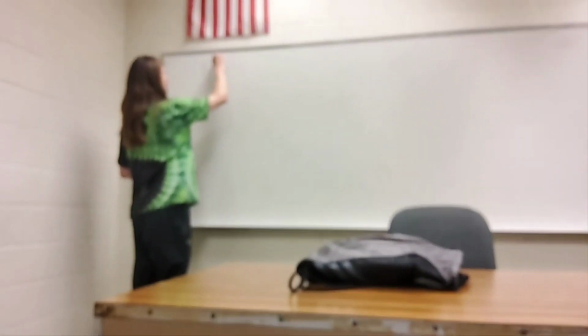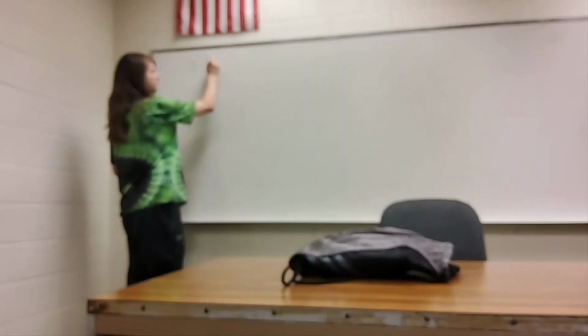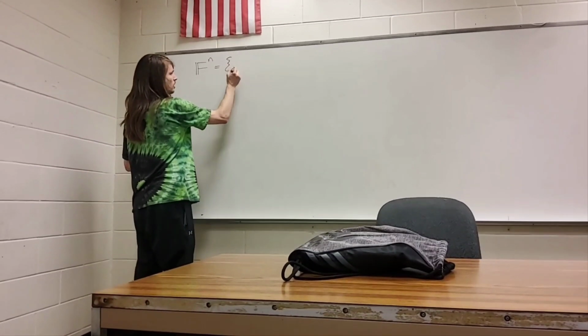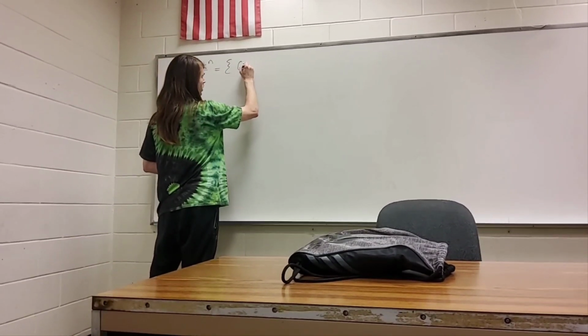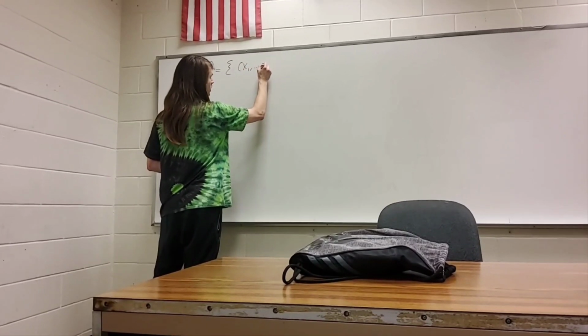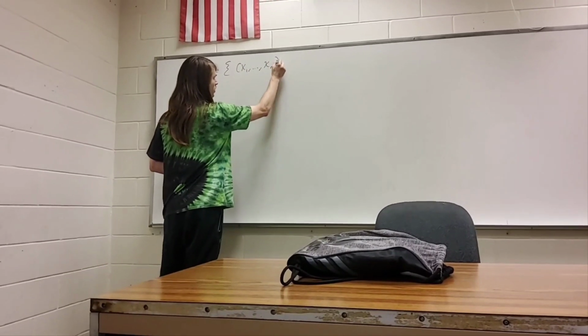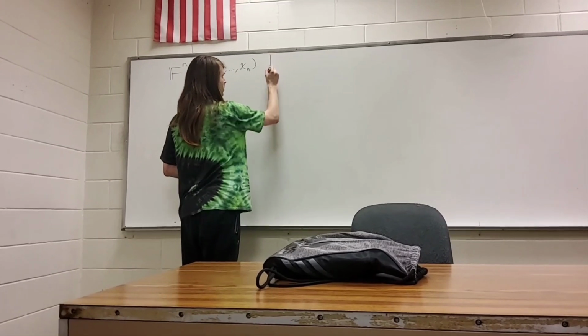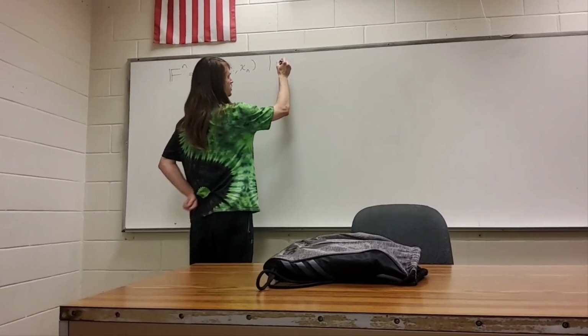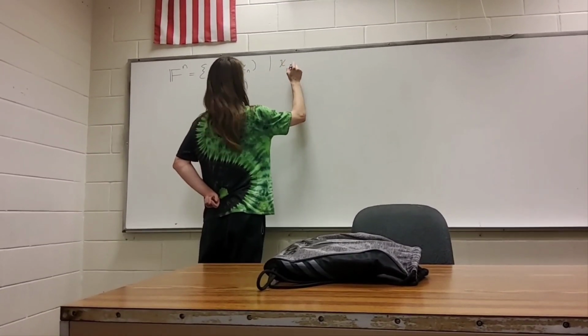So first things first is the space where we will start off. If I take a field F and take its Cartesian product with itself n times, hopefully we're all familiar with the fact that this makes a vector space, an n-dimensional vector space, over this field.